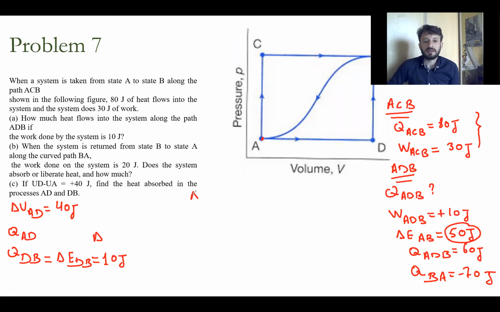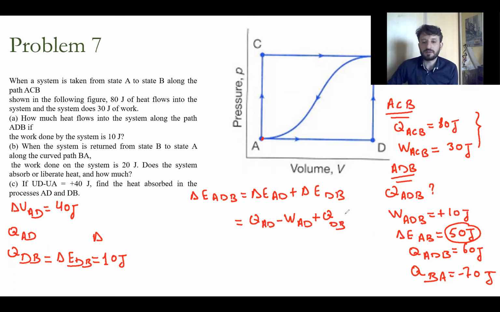You know, delta E ADB equals delta E AD plus delta E DB, and delta E AD equals Q AD minus W AD, and delta E DB equals Q DB minus W DB.